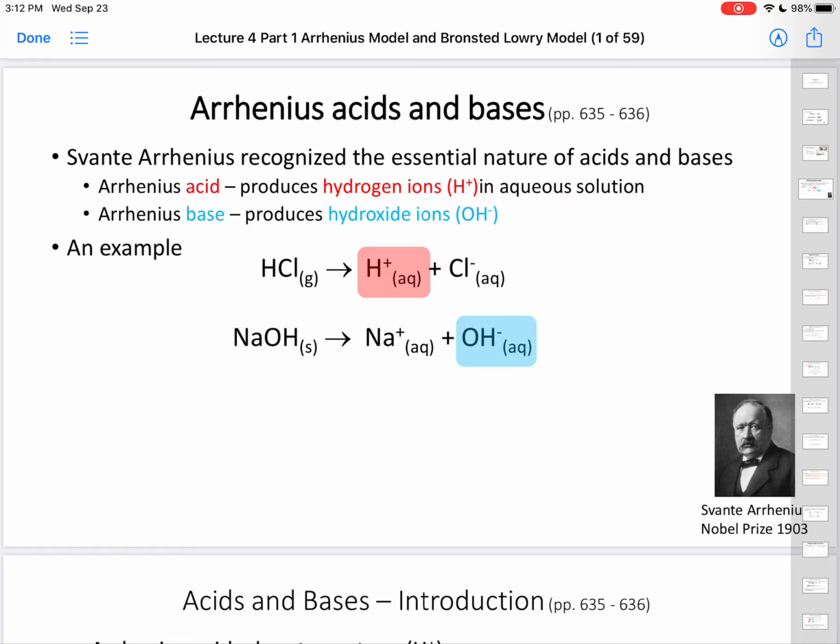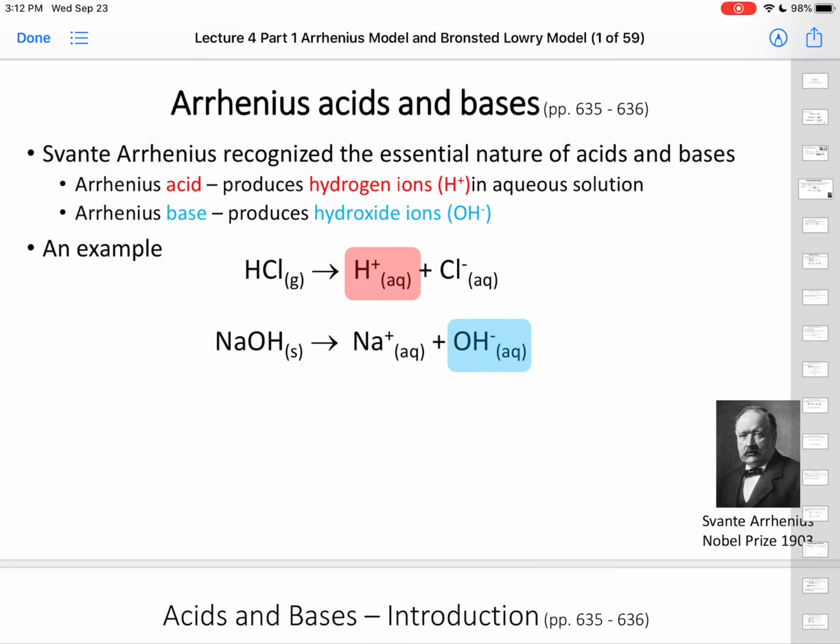So an example is HCl. Of course, we do know HCl is a gas. If you bubble HCl gas into water, what will happen is that the HCl will dissociate and form H+ and Cl-. Because it does form H+ in aqueous solution, we call HCl an acid. NaOH is another great example of an Arrhenius base.